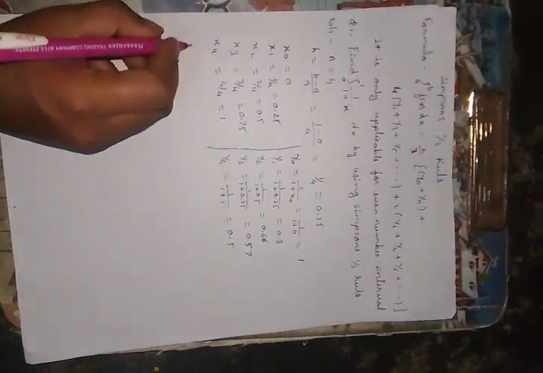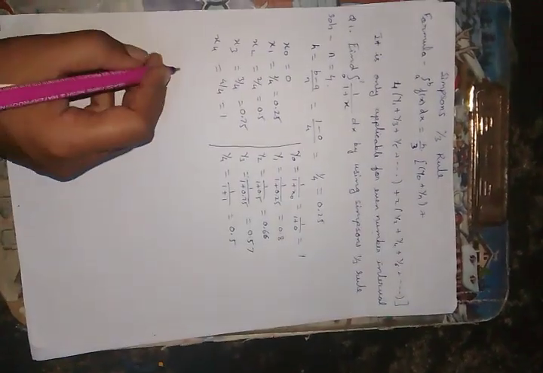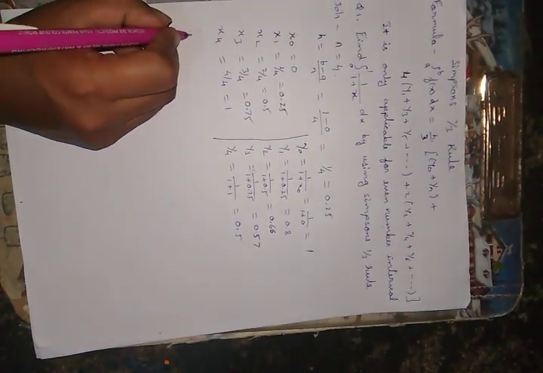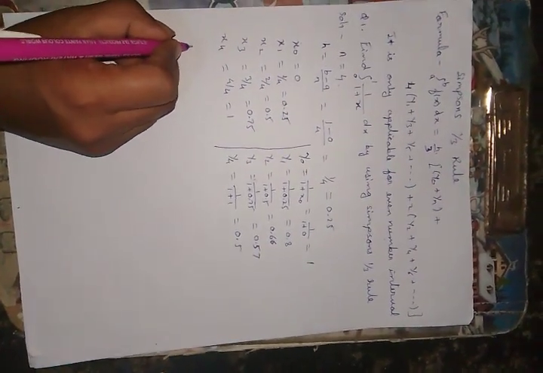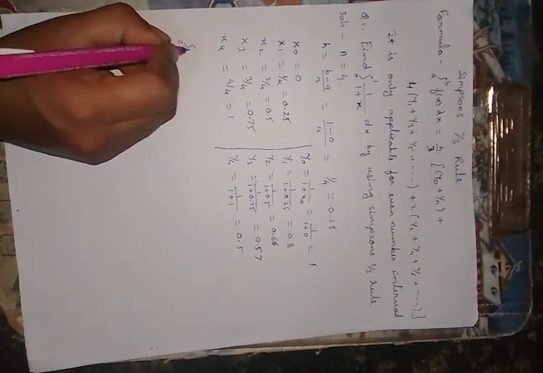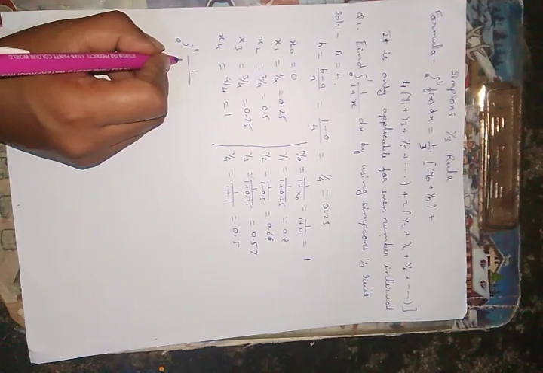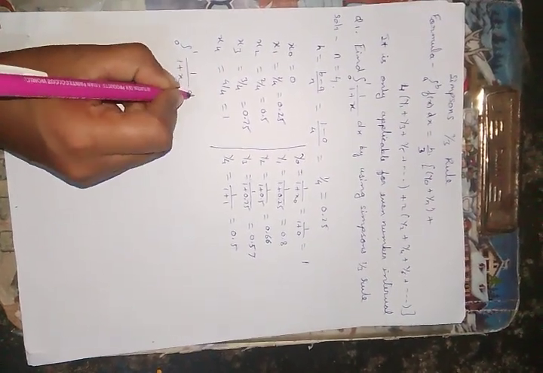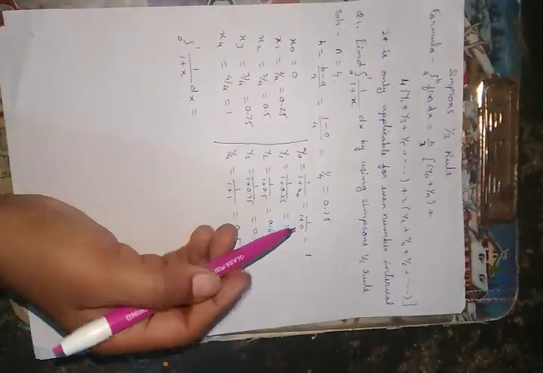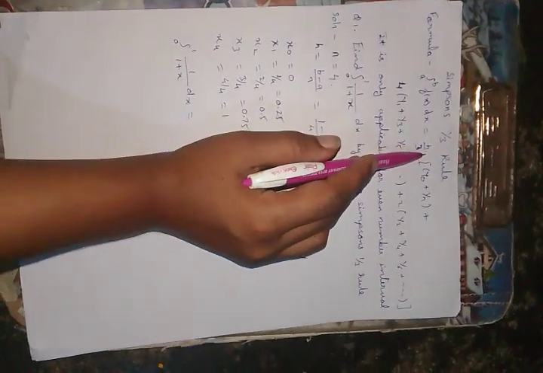Okay guys, now we have to put these values in the equation. We take our question and write the equation first: the integral from 0 to 1 of 1 by 1 plus x dx equals h by 3.